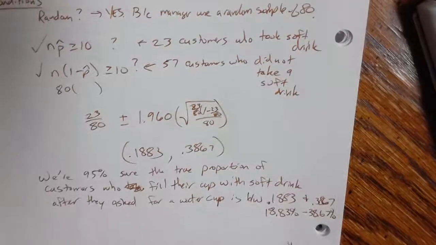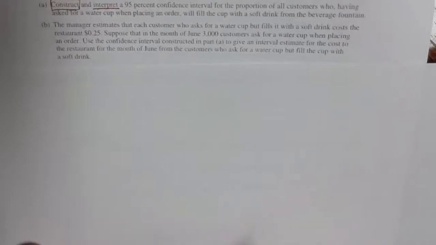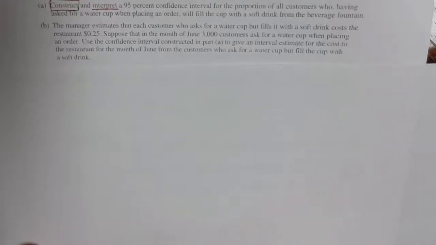And then with the final part here, with part B, we're going to use this confidence interval. It says the manager estimates that each customer who asks for a water cup but fills it with the soft drink costs the restaurant 25 cents. Suppose that in the month of June, 3,000 customers ask for a water cup when placing an order.